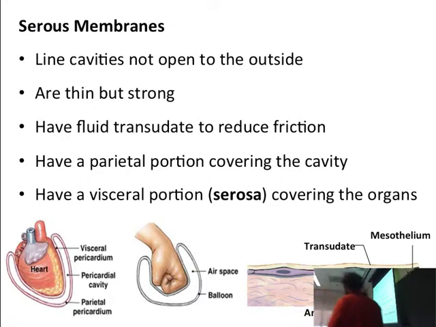Second type of membrane, serous membrane. We talked about these yesterday. These line cavities that are not open to the outside world. They're very thin, but they're strong. And they have both a visceral portion and a parietal portion, and then a cavity in between them, into which the serous fluid is released.